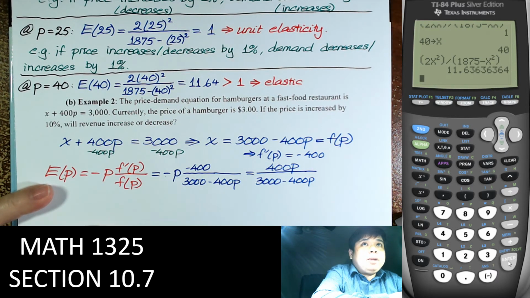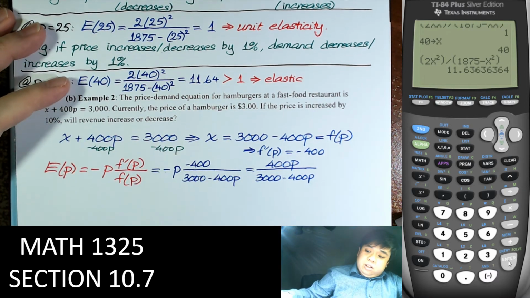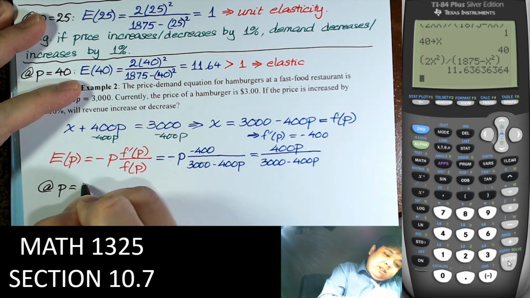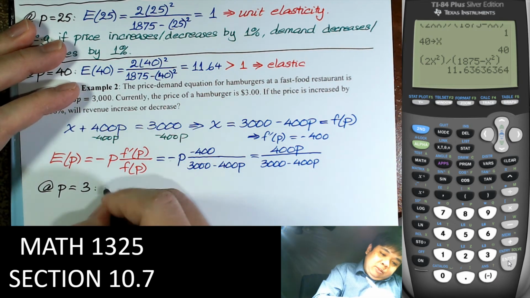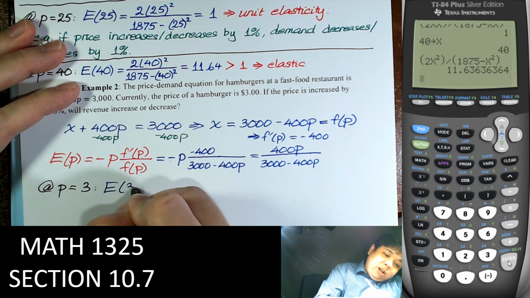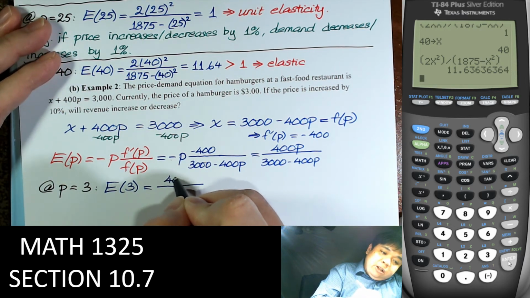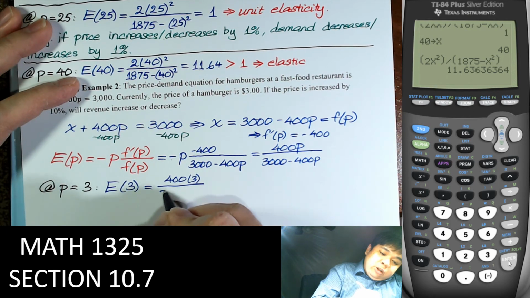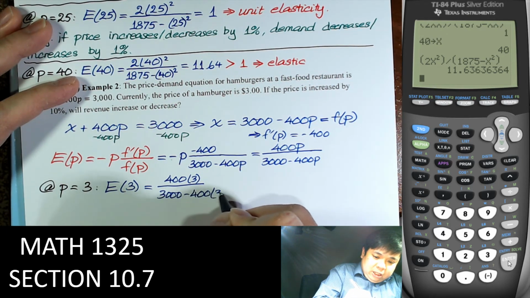Right. Now, currently the price of hamburgers is $3. So what happens at $3? I'll just substitute 3 in there. Elasticity at $3: 400 times 3 over 3000 minus 400 times 3.